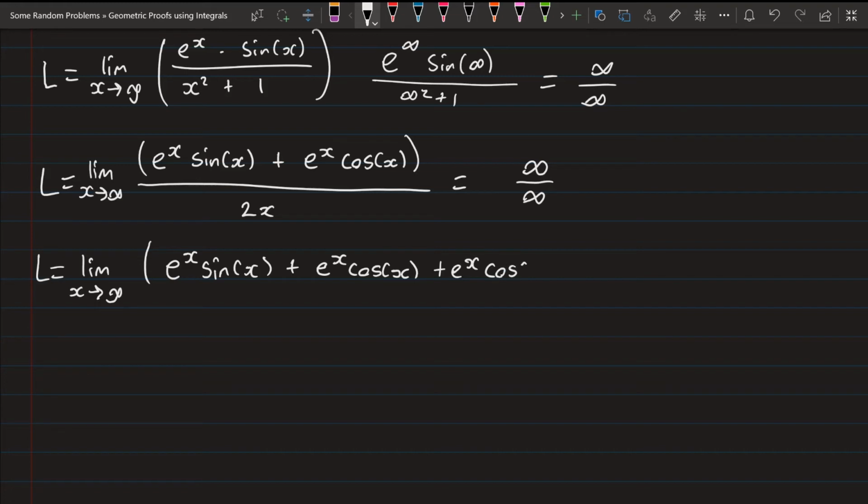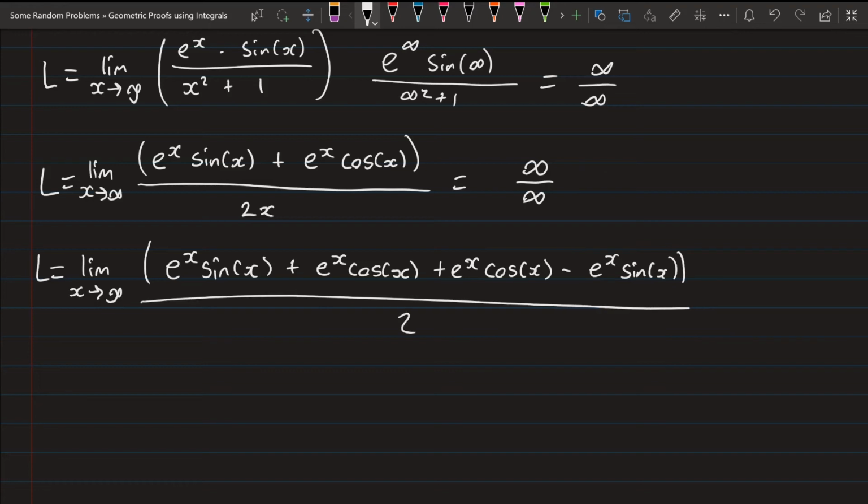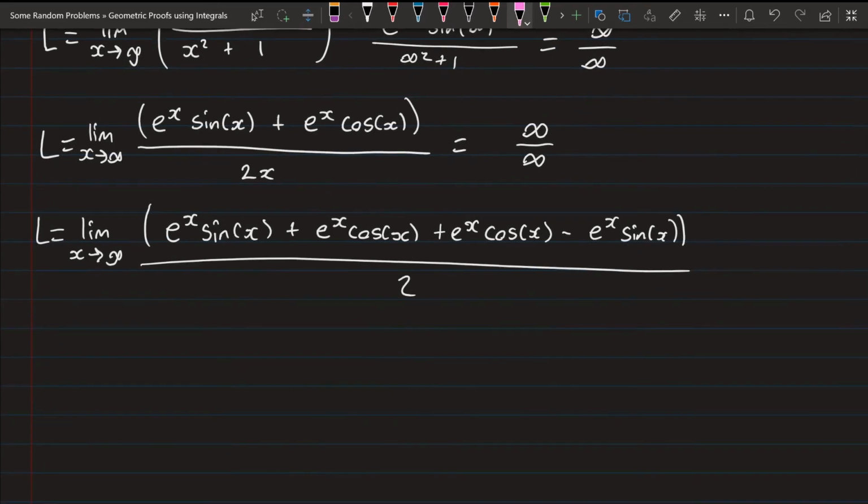Hey, nice. We can combine those two, can't we? And then we get minus e to the x sine of x, and that's all going to be divided by 2. And what you notice there is there's a bit of simplification that we can do. We can get rid of these here.